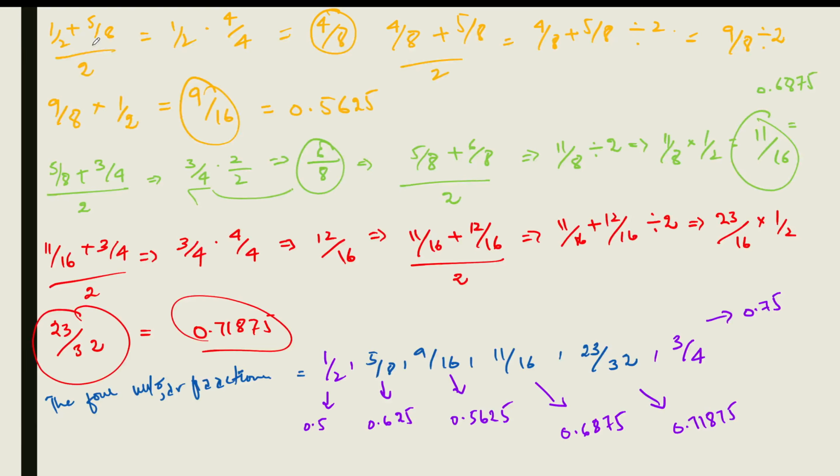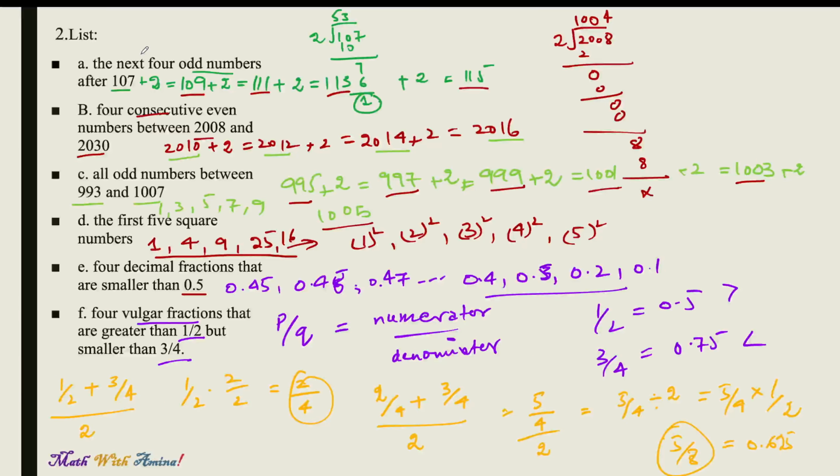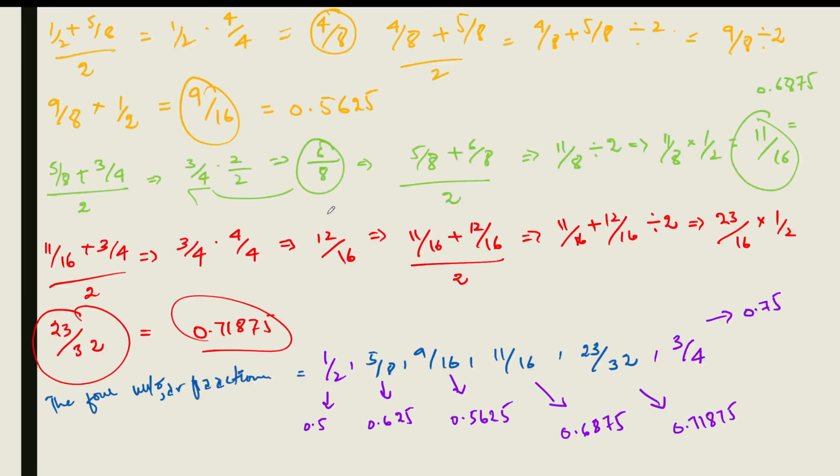We take the average, bring the denominators to the same values, then put it in the expression, then find the reciprocal of the division by 2, and then we do the multiplication and find our next vulgar fraction, which is equal to 0.5625. This is the vulgar fraction that is between 0.5 and 0.625. So it is 0.5625.